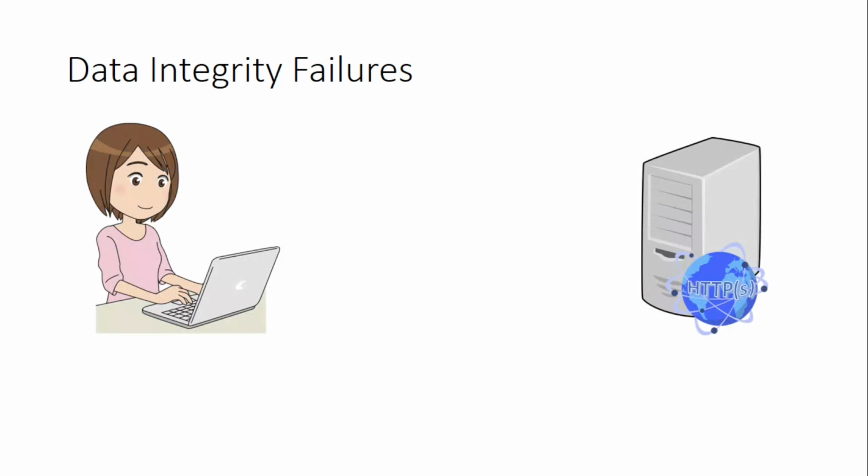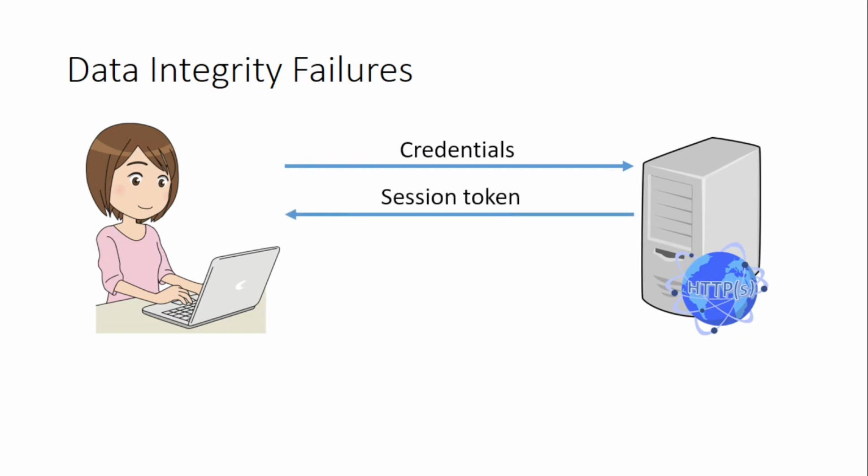If we think about how web applications maintain sessions, usually what happens is a user will log into an application using their credentials, and the server will send session tokens. Generally, this will be in the format of session cookies. So as you can see here, the session cookie will have the username or something.